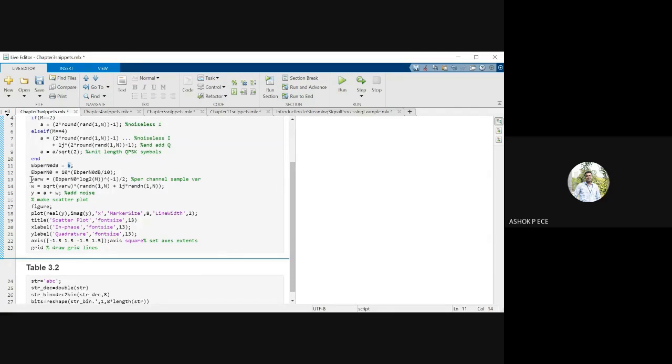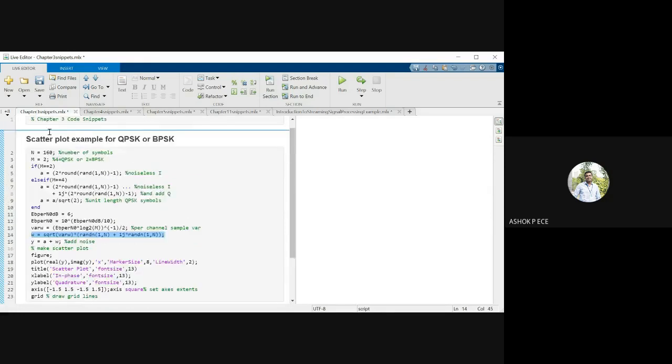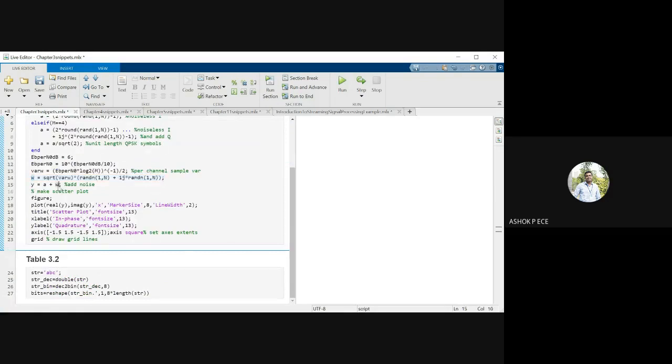I'm creating a channel variable and creating the Gaussian random noise, and I'm adding signal plus noise. A is the received signal and W is the noise, and the variance of the noise is given here. I told you that it is Gaussian random noise. Now I am plotting everything and seeing it.